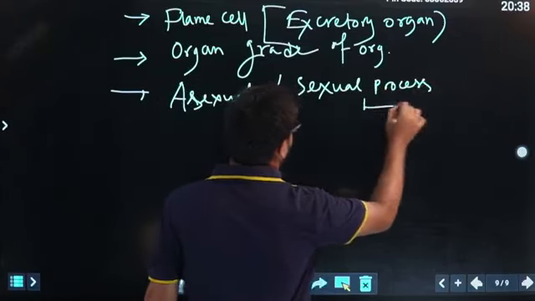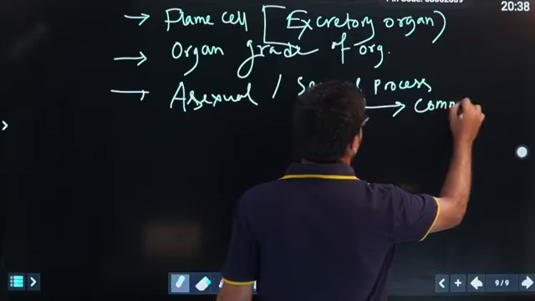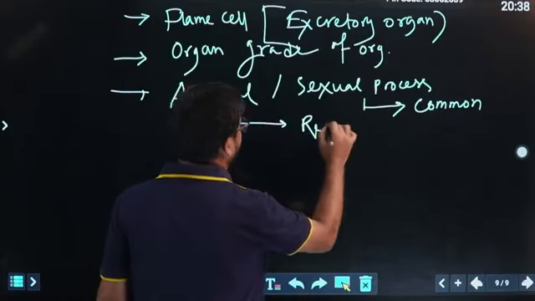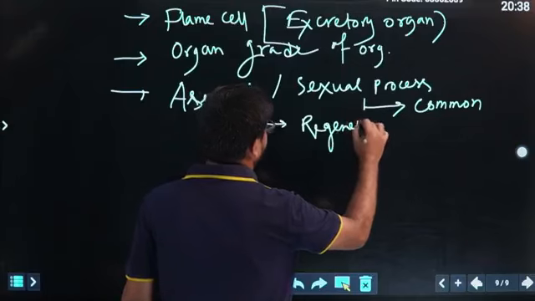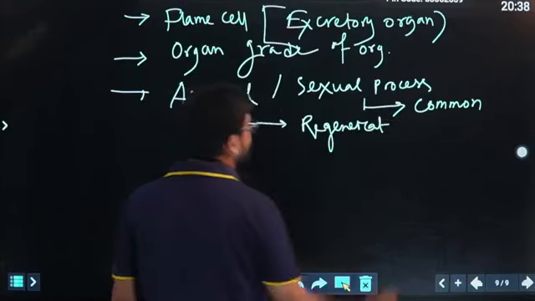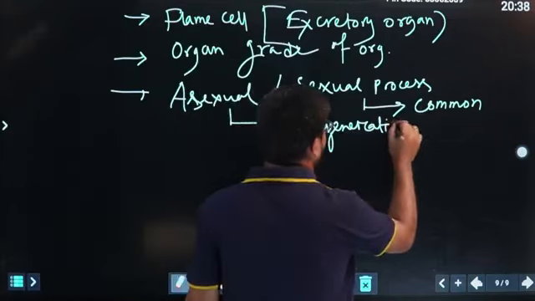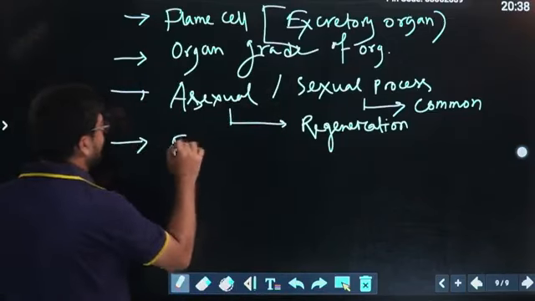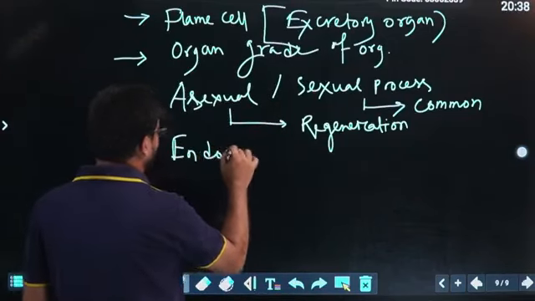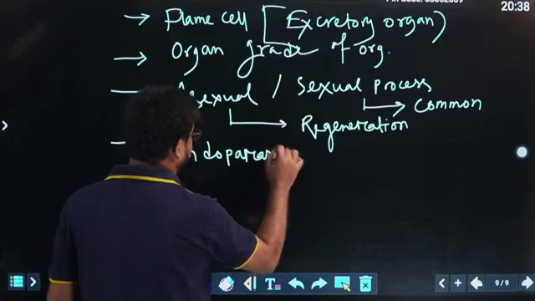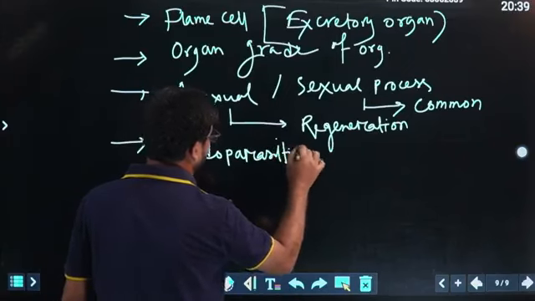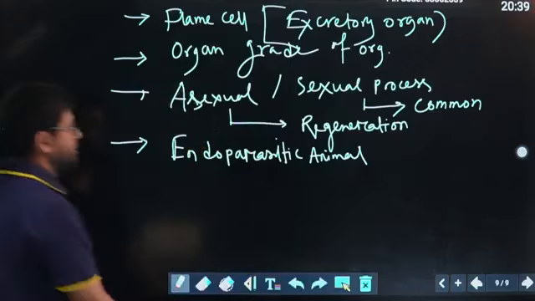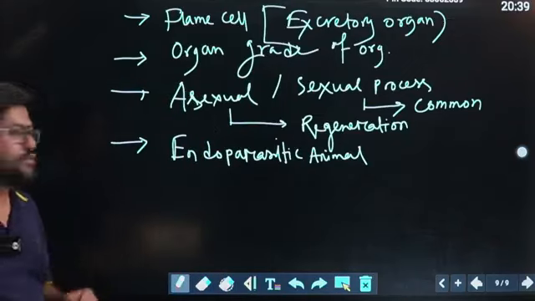The sexual process is the very common method, but the asexual process is carried out by regeneration, as they can repair their lost body parts. Next, they are endoparasitic animals. So this way you have to learn.